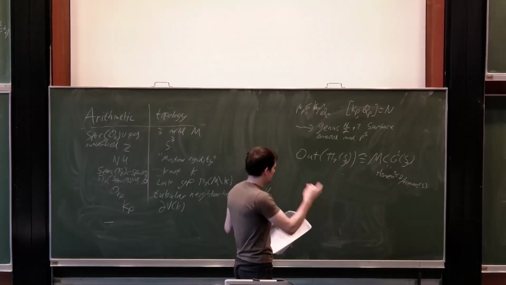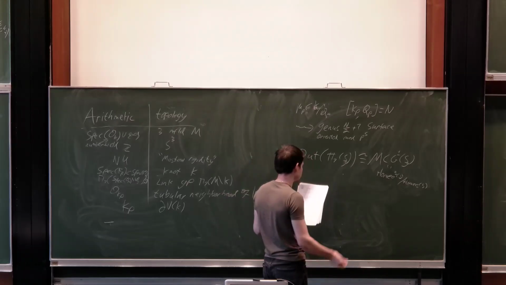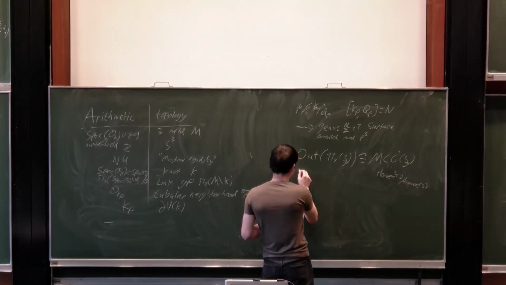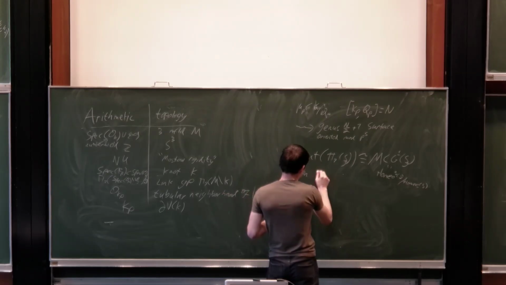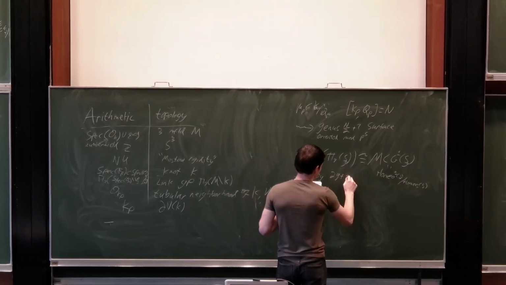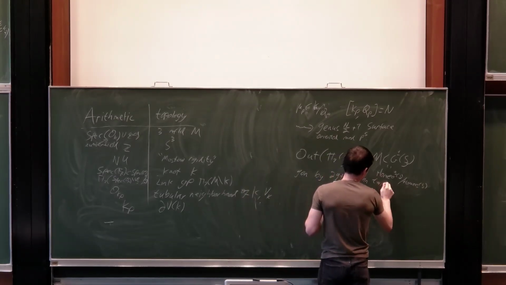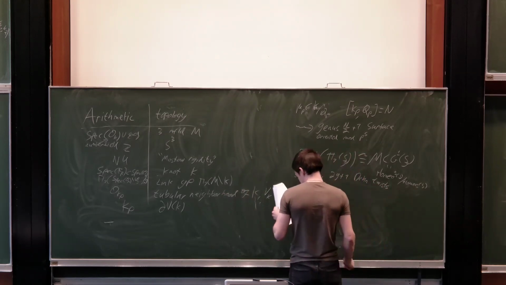So, for example, these are generated by 2g+1 Dehn twists.